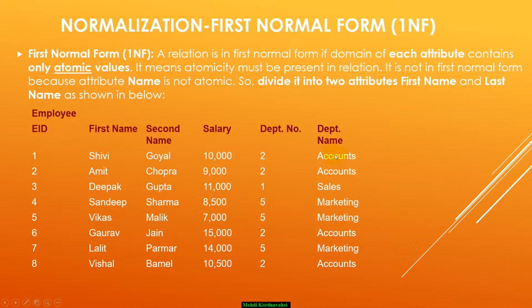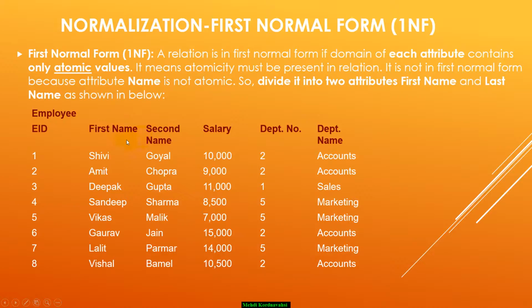Let's see, here is an employee table, and we have some fields: employee ID, first name, second name, salary, department number, and department name.